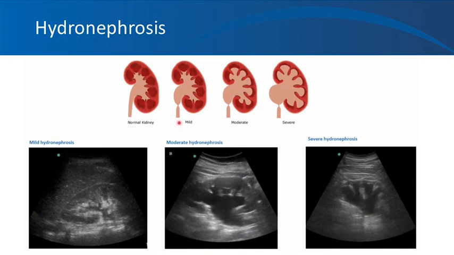And in the mild hydronephrosis, renal pelvis is the first thing to dilate along with the proximal ureter. And as the degree of hydronephrosis increases, which means there is more and more backflow into the kidney, then these calyces start to become convex.